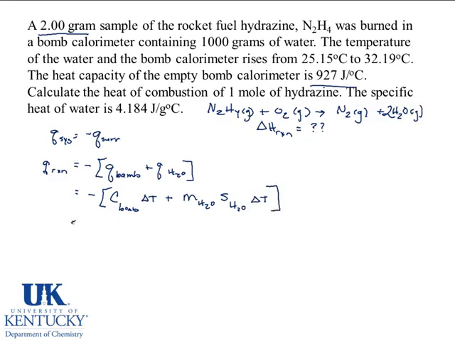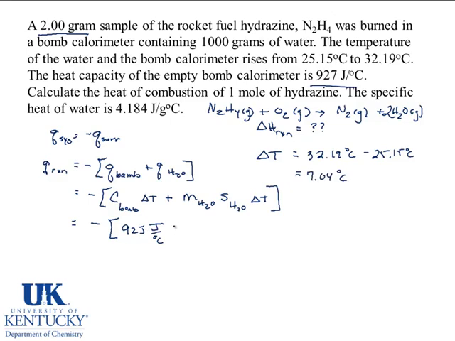So we can place in there the information that we know. The C is equal to 927 joules per degree Celsius. The change in temperature, well, let's go ahead and calculate the change in temperature. It would be final temperature, 32.19, minus the initial temperature, 25.15, and that will give us a change in temperature of 7.04 degrees Celsius.